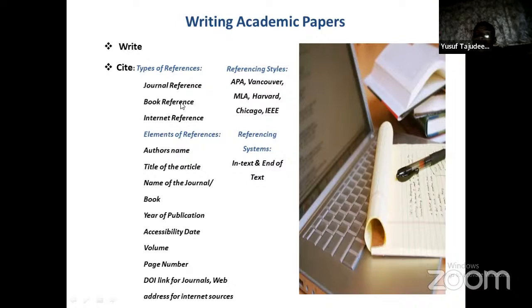It is very important to adhere strictly to the referencing style of a journal, or a referencing style that your supervisor recommends for you. Every journal has its own referencing style, and the onus lies on you to conform to the referencing style stated by the journal you are submitting to.